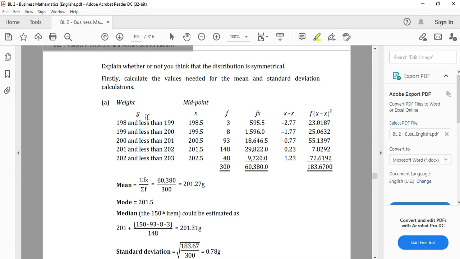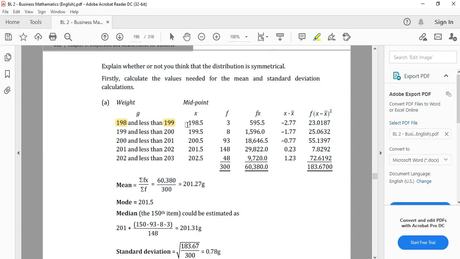They haven't given less than or equal to, so we are not sure exactly whether 199 is included here or not, but they have included it. In continuous data, basically we can include the final 199 in the data set.